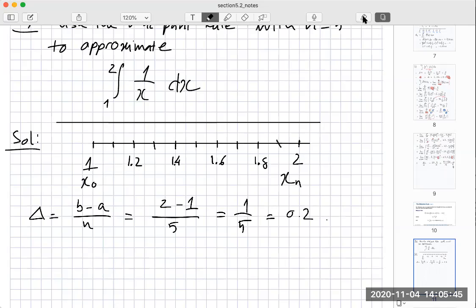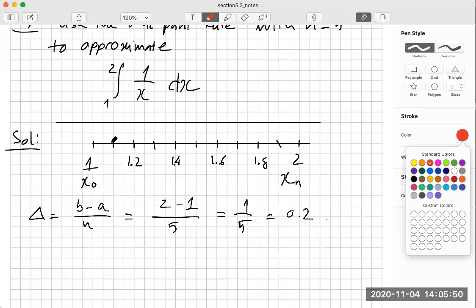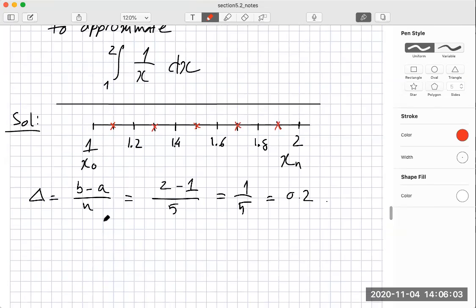And the midpoint will be here, right? Okay. So this guy is 1.1, the midpoint, 1.3, 1.5, 1.7, 1.9. We know all the information here, right?